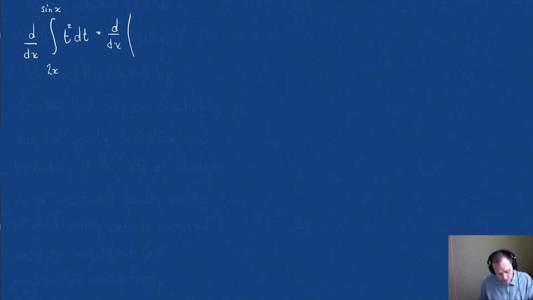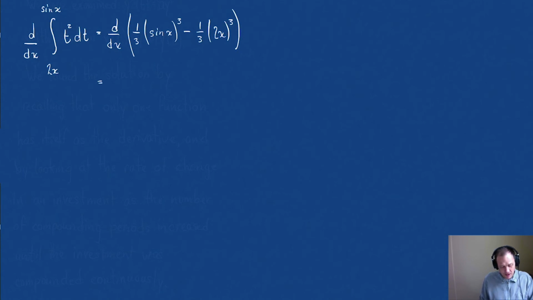Then we evaluate it at its upper limit, so that's 1/3 times the sine of x cubed, minus 1/3 times t cubed at the lower limit 2x, so that's 2x cubed. And then when we take the derivative, we take 1/3 times 3, so that's going to be 1.